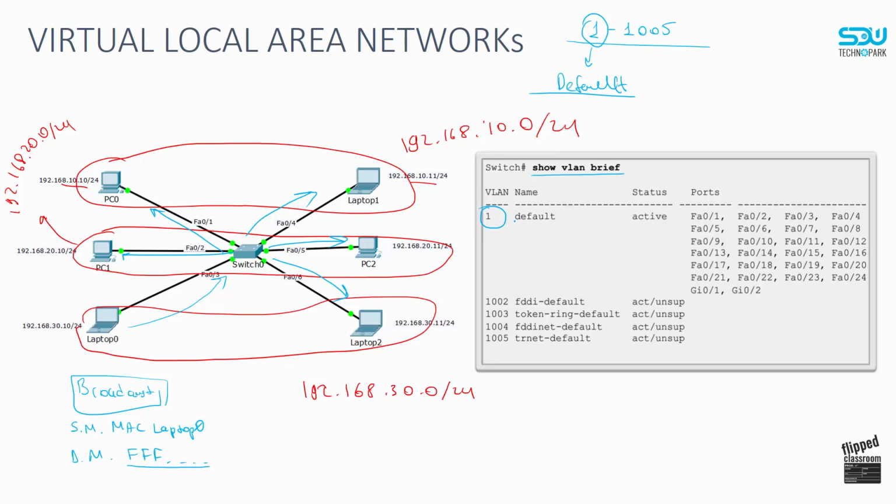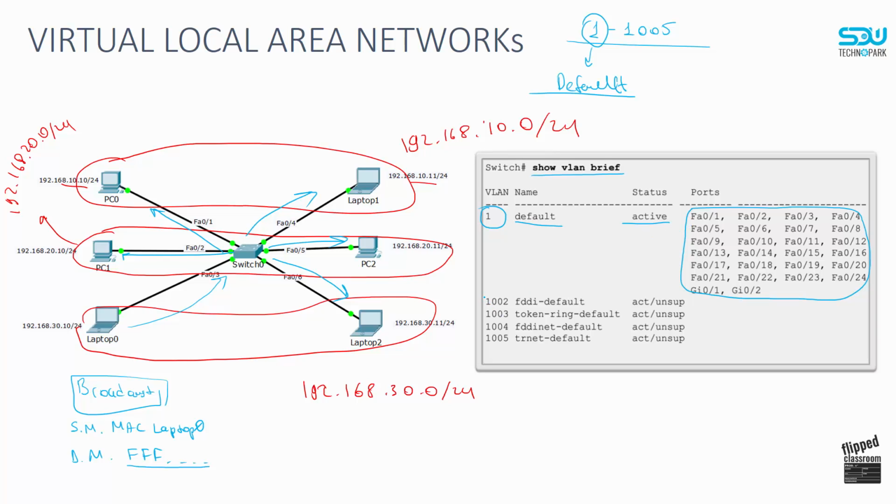Afterward, you may find the name of that VLAN, the status showing that it is active, and the ports which belong to that VLAN. For example, VLAN number 1 is the default VLAN, and all ports of our switch belong to it, because it is the default VLAN for the Ethernet ports.